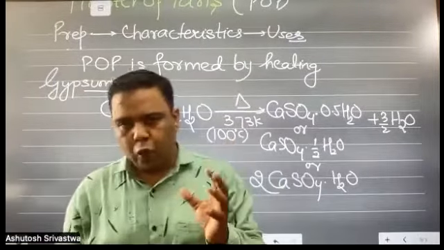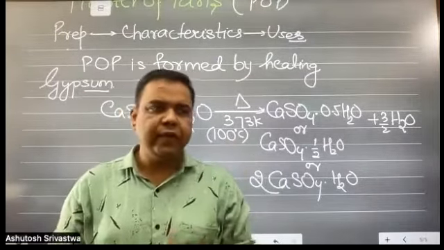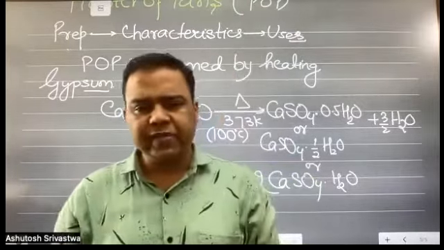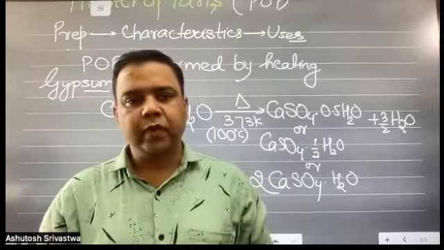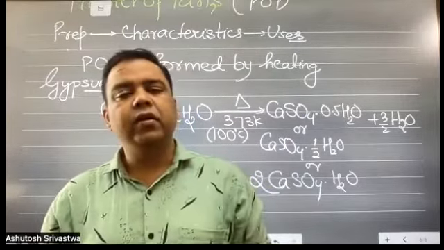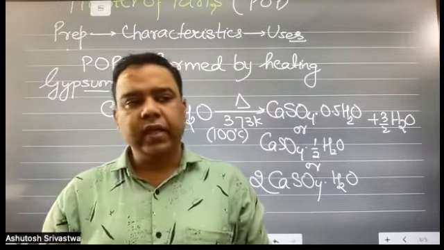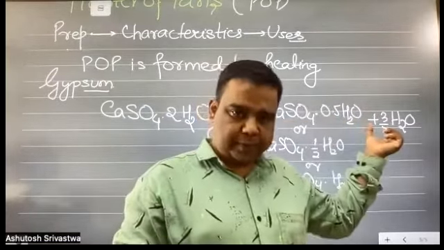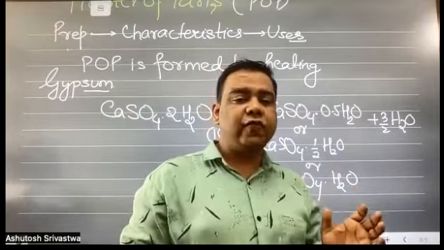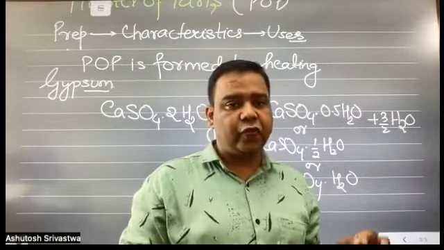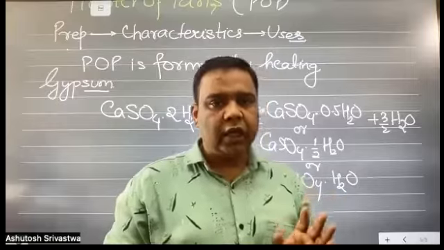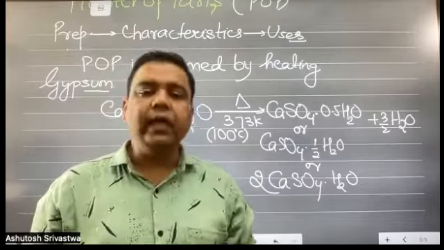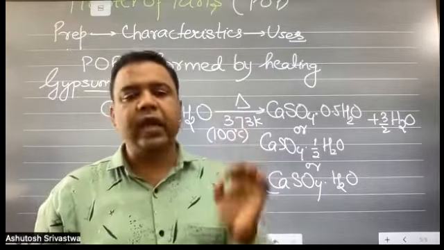So what we have understood till now is that we are heating gypsum, that is CaSO4·2H2O, and we will get plaster of Paris. But the problem here is the temperature. If the temperature exceeds 100 degrees centigrade, then there is every probability that we will lose this 0.5 H2O also, and we will get anhydrous CaSO4 instead of CaSO4·0.5H2O. So the temperature should be carefully monitored.